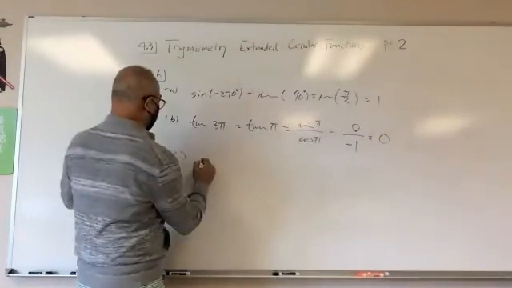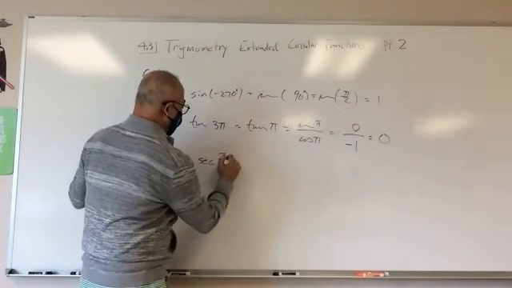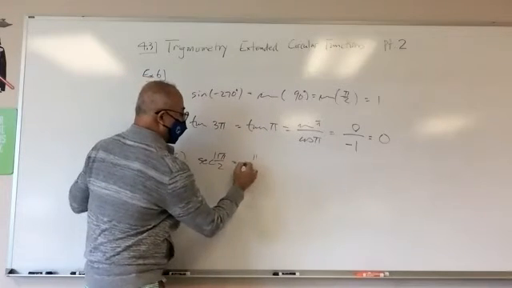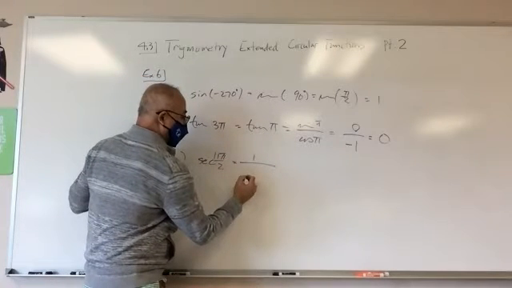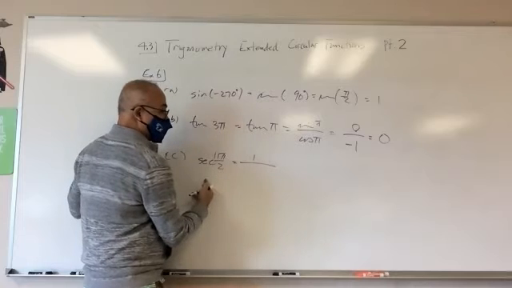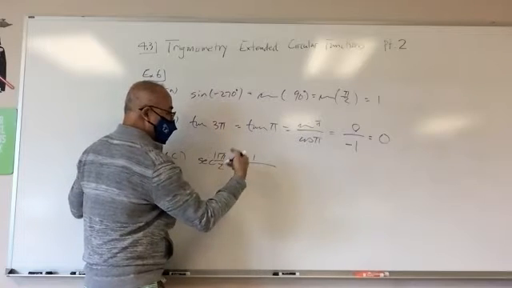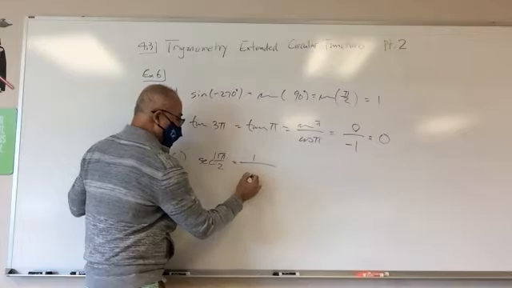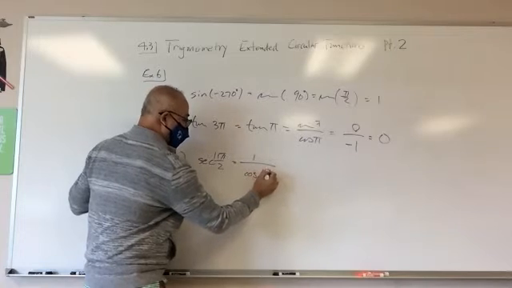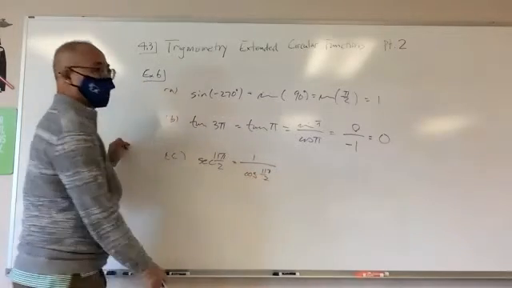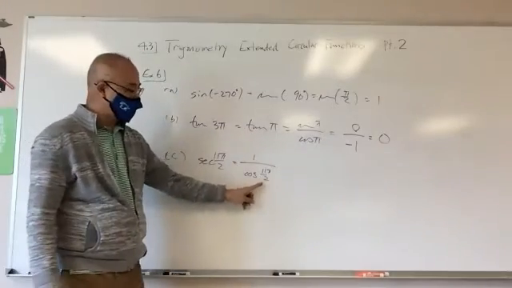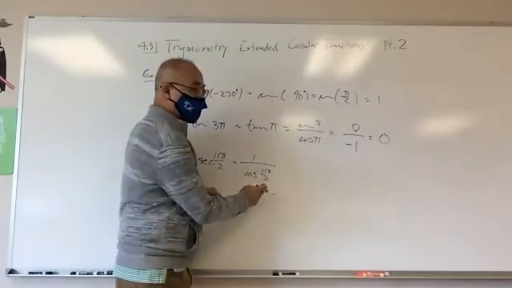C, secant of 11 pi over 2, which is the same as 1 over the cosine of 11 pi over 2, since secant is the reciprocal of cosine. Now I can subtract some pi's off of this.